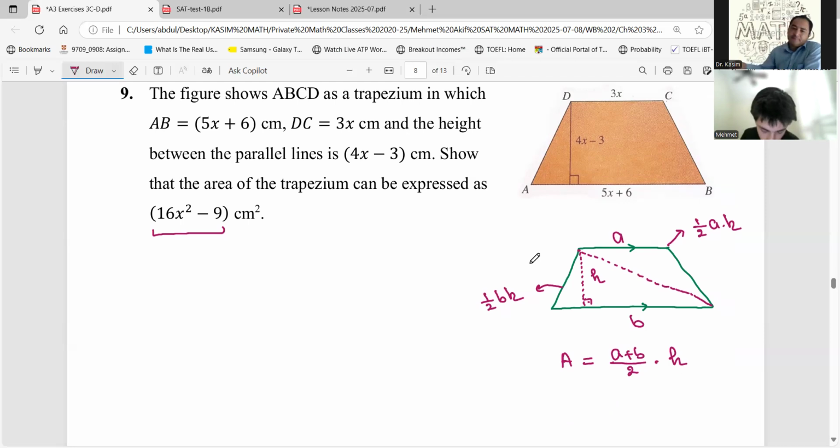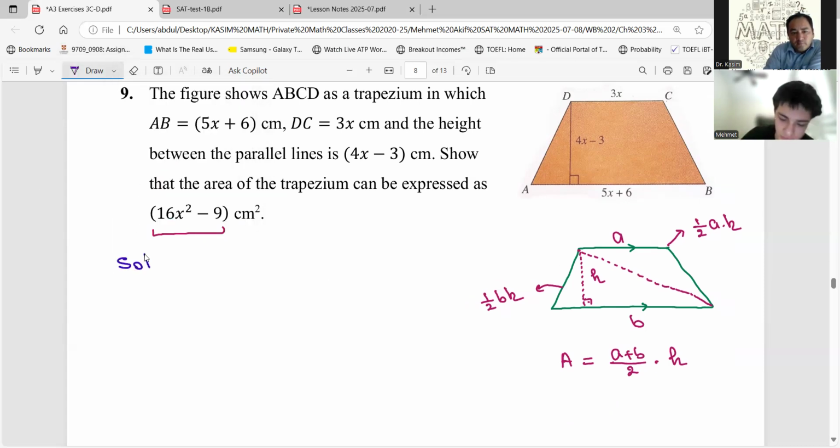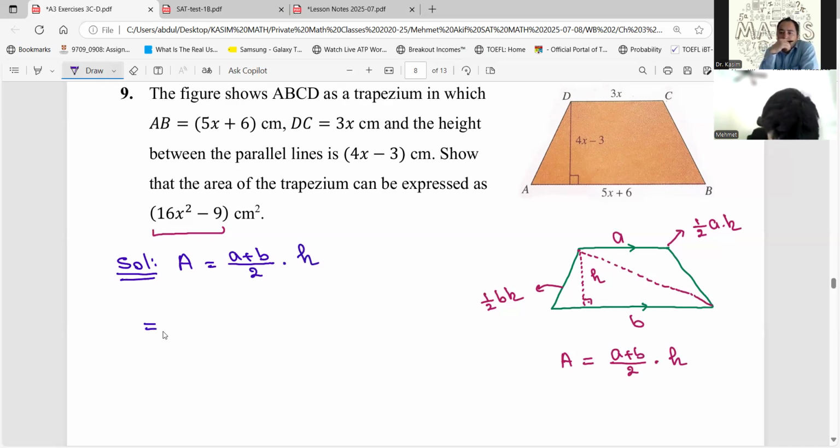Okay. 48 times 2. 96. I got a different answer.